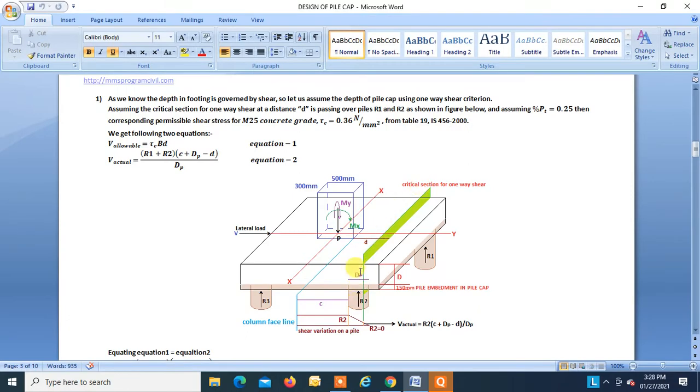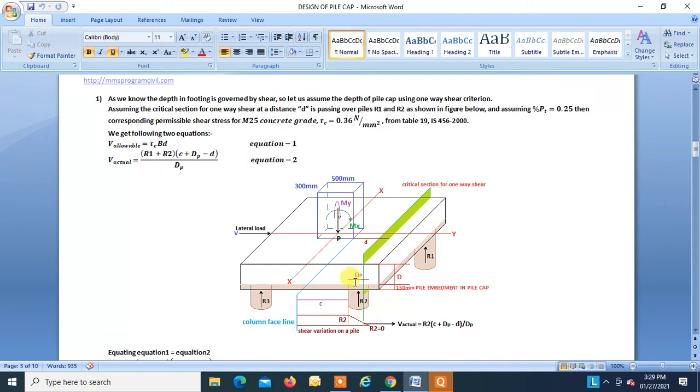This is the critical section for one-way shear, which is taken at a distance d from the face of the column. Now we are assuming that this section falls somewhere on pile 1 and pile 2. One important point to understand here: if this section had fallen over here, then the reaction would be 0, that is, the shear force would be 0.